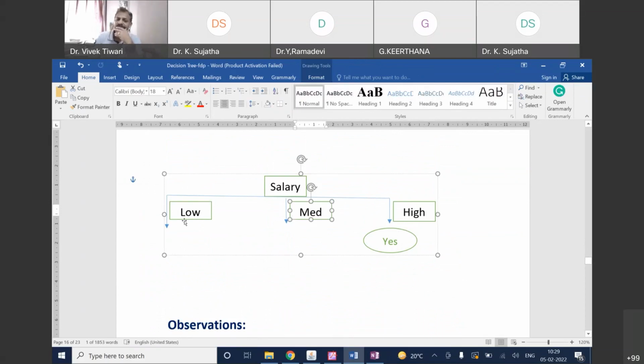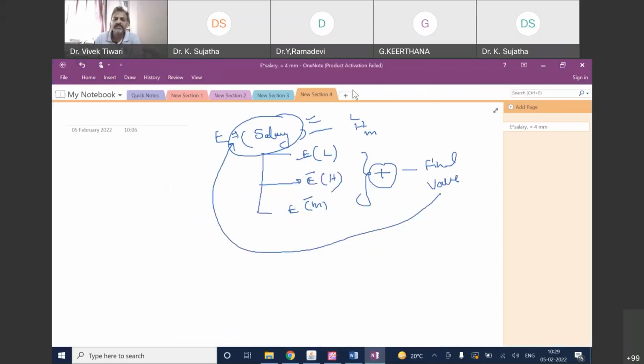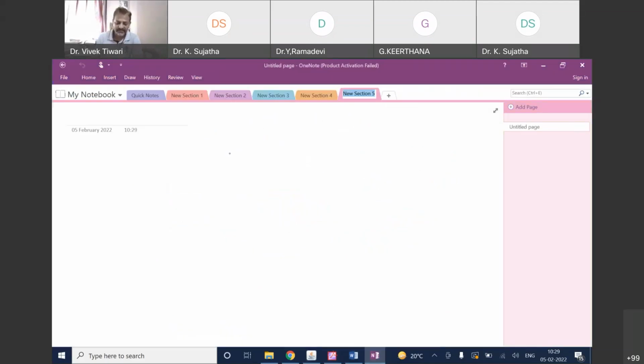So you need to further split the node low, and you need to split the node medium. Here most people make the mistake. High is a leaf, so I am not touching it.